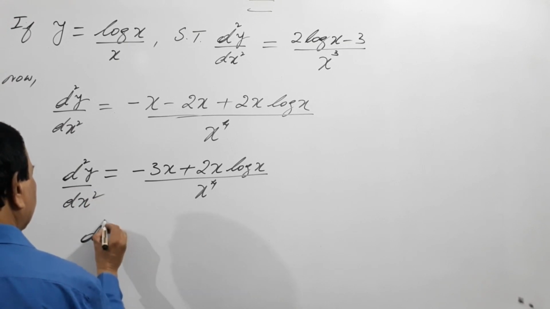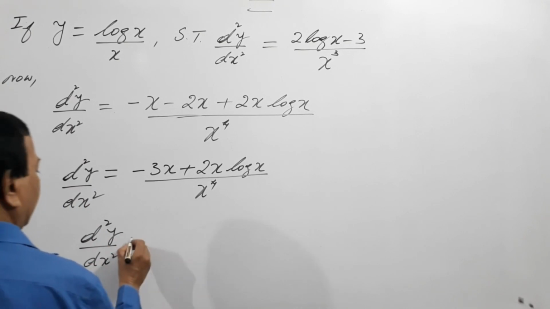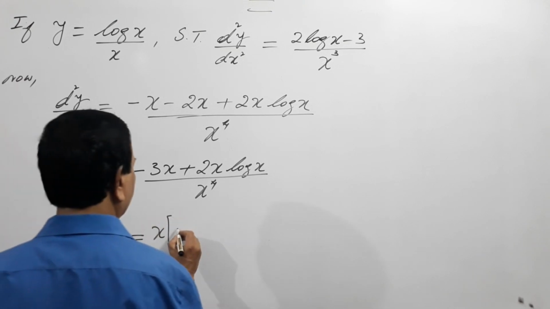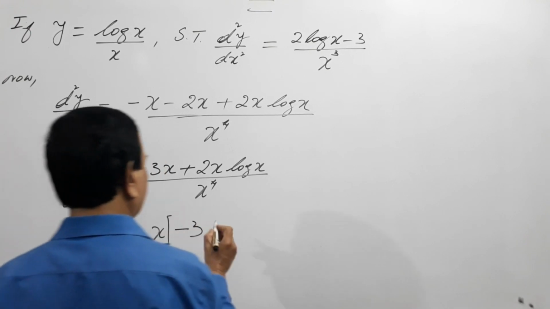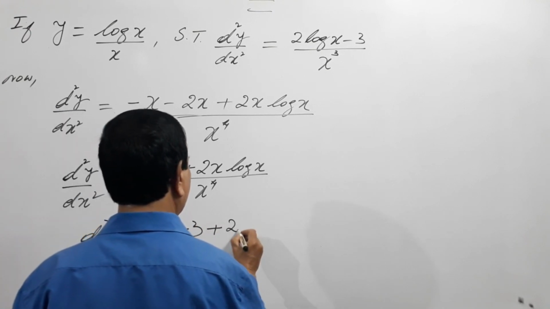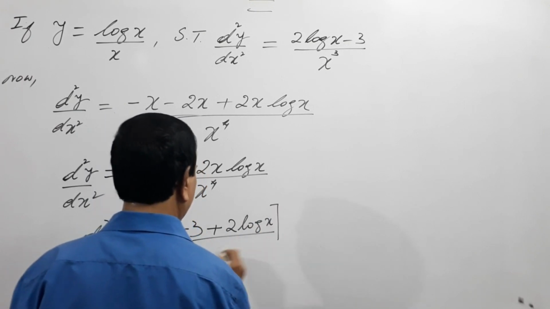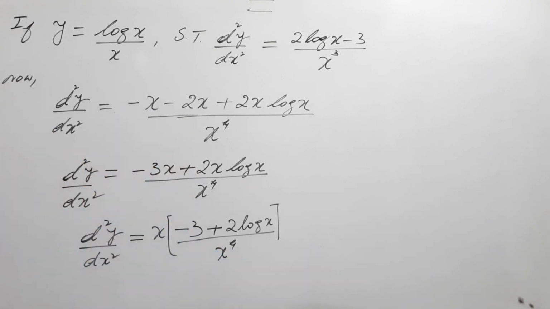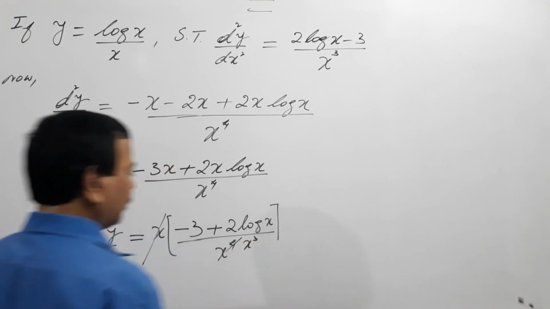So you get (minus 3 plus 2 log x) by x to the power of 4. Done. This x one goes, so it becomes x cube.